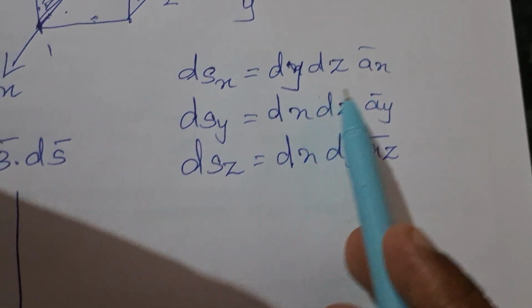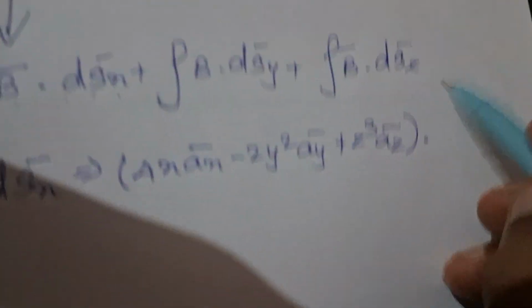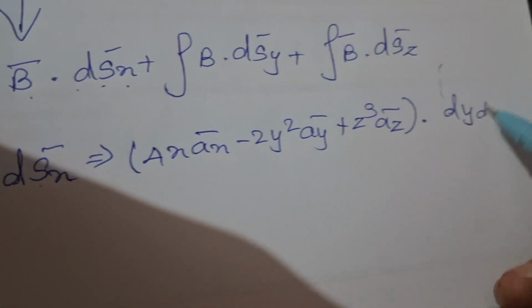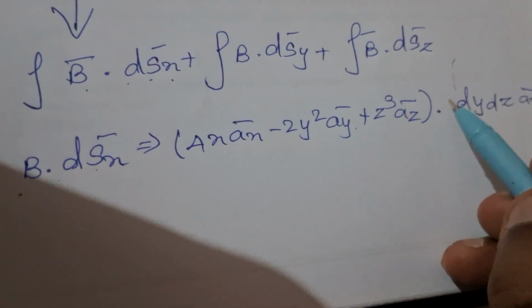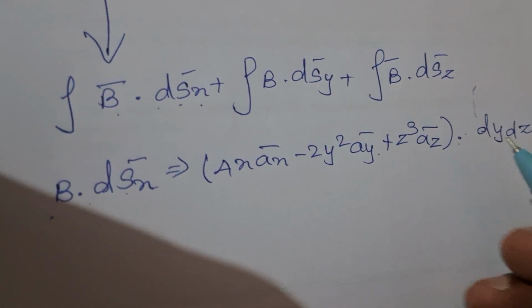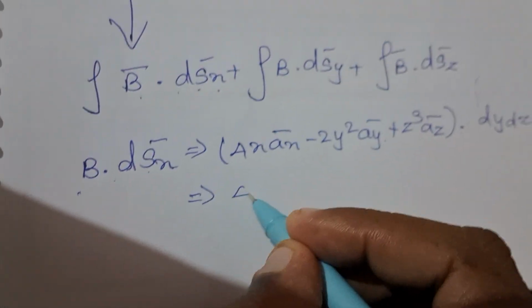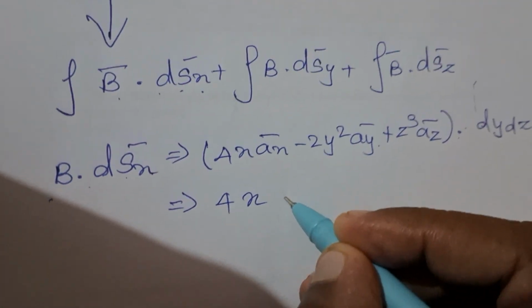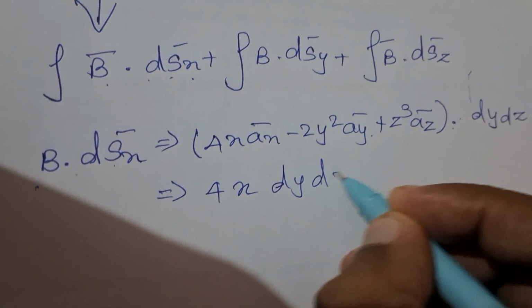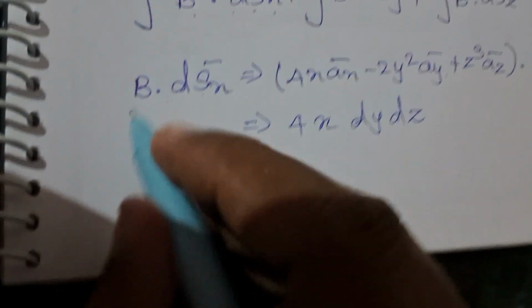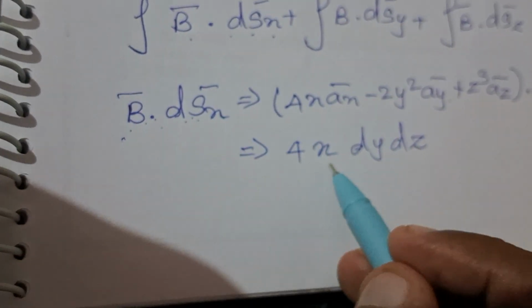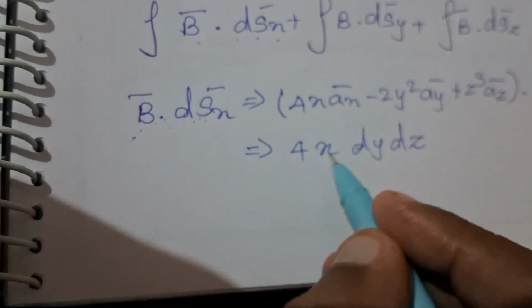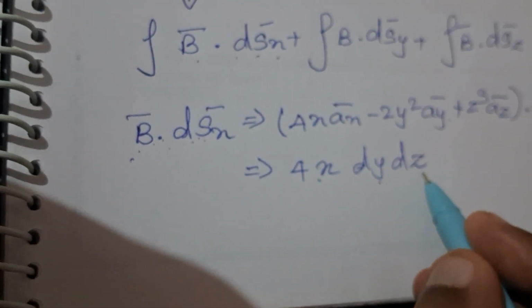What is dSx? dy dz ax. So according to the dot product we get only the x value. 4x dy dz. Okay, so B dot dSx is equal to 4x dy dz.